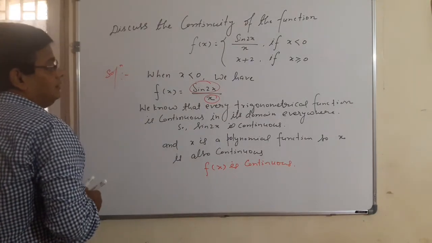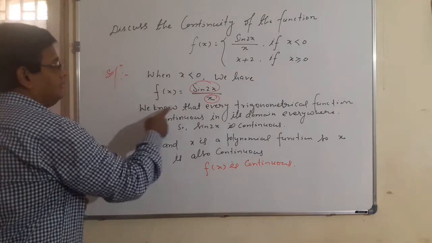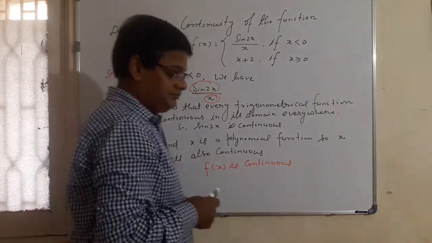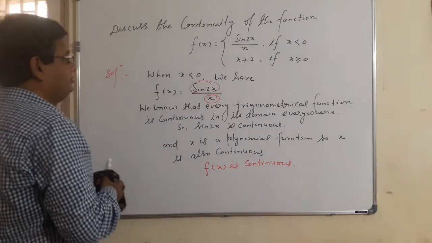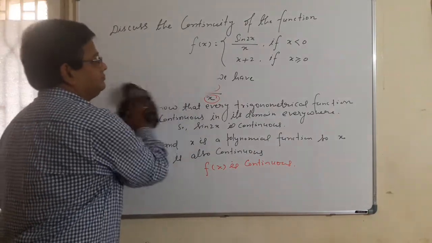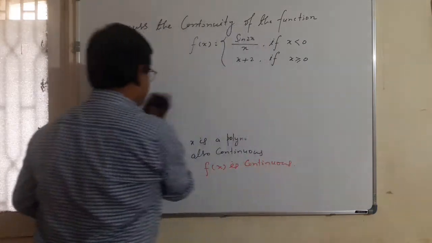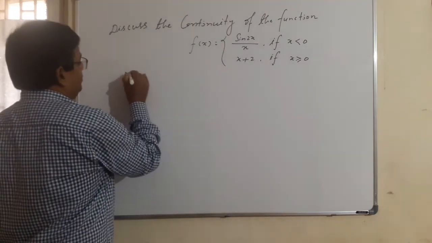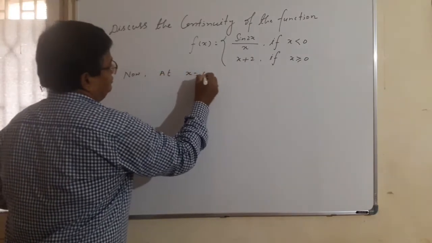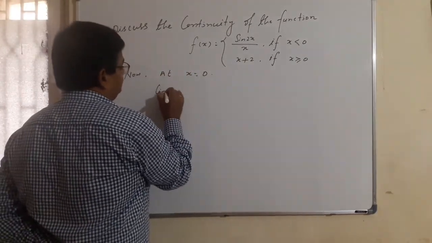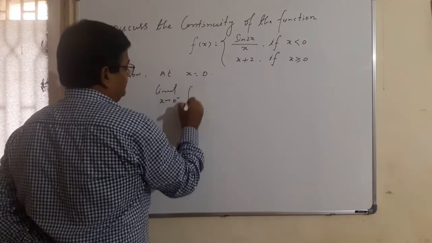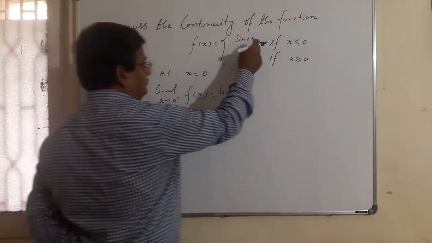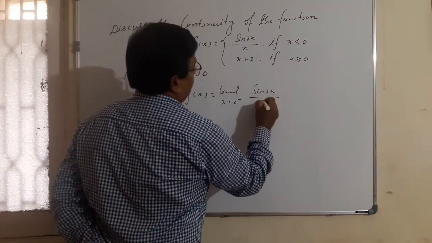Now we have to check at x equal to 0. Now at x equal to 0, see here, limit x tends to 0 minus f(x) equal to limit x tends to 0 minus, so less than 0 function is sine 2x divided by x.